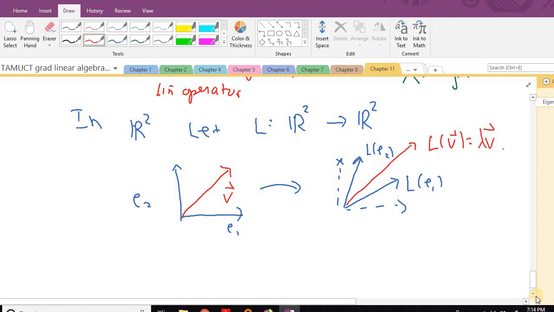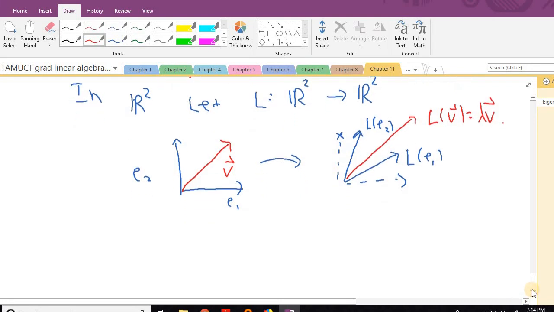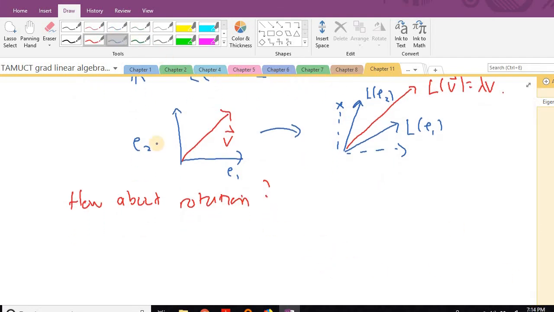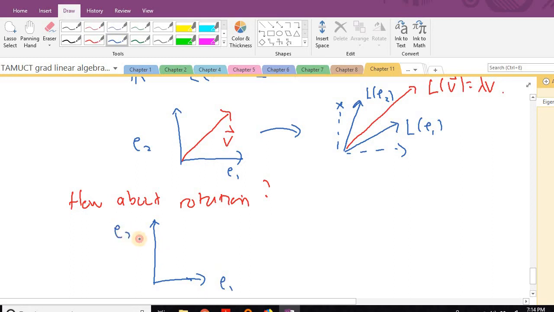Now this is when you do some stretching. But we also know that rotation is a linear transformation. So how about rotation? For instance, if I have E1, E2 here, suppose I rotate by 45 degrees.